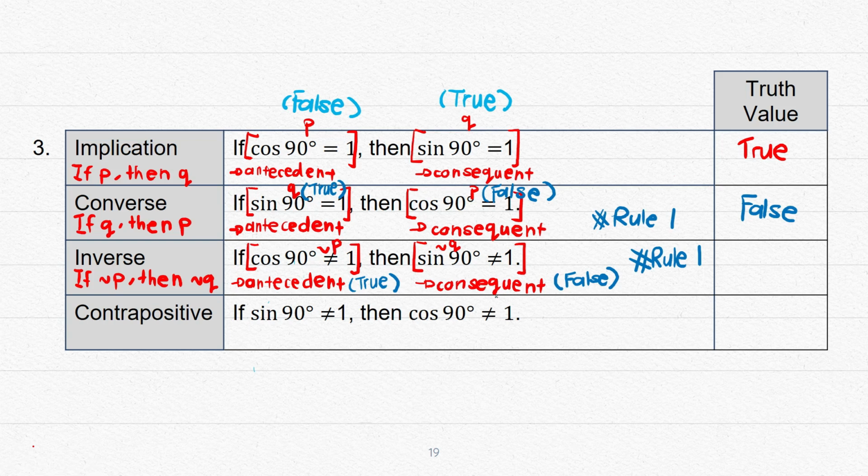Then we look at the consequent. The consequent is false. So is the truth value of the inverse true or false? The answer is that the inverse is false.